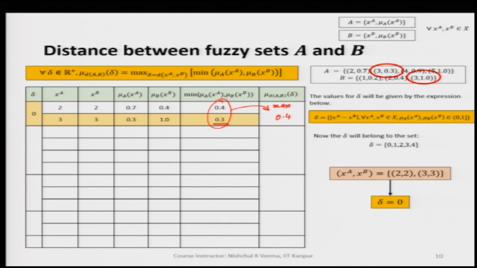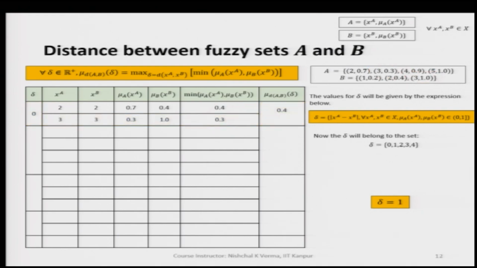Then we use the first column and the last column for constructing the fuzzy set, and this fuzzy set is nothing but the distance between these two discrete fuzzy sets here.